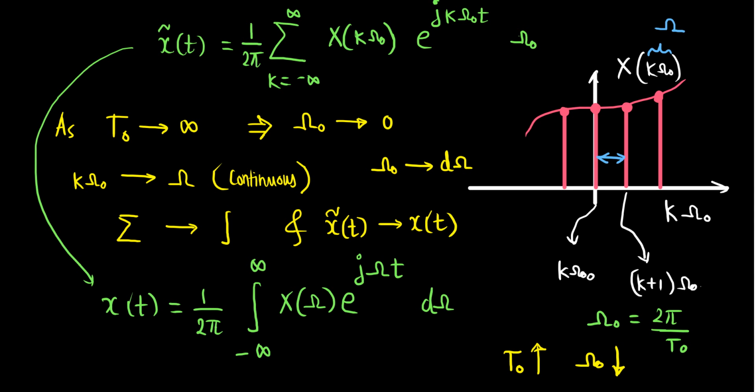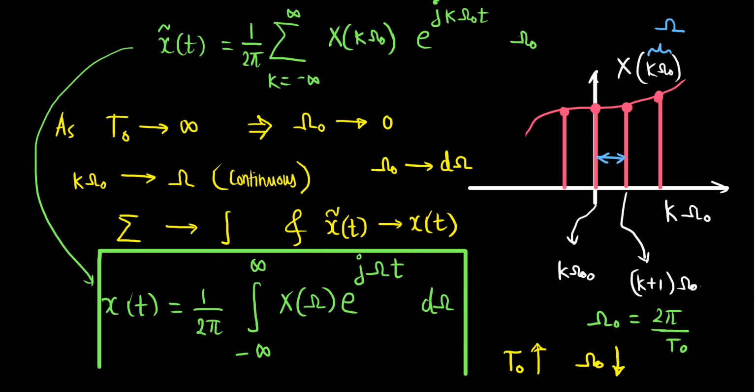Now this is the expression that we have obtained for the aperiodic signals, and this expression is called as the Fourier representation of aperiodic signals.